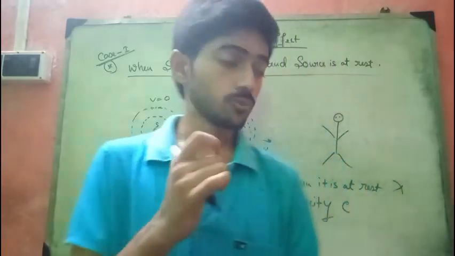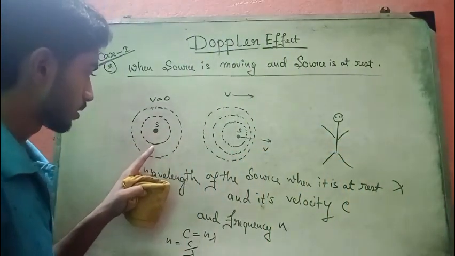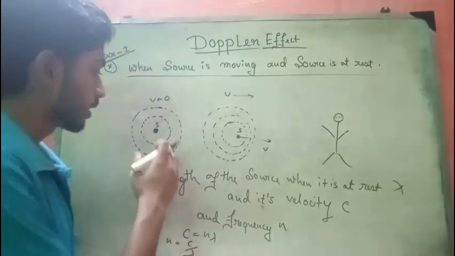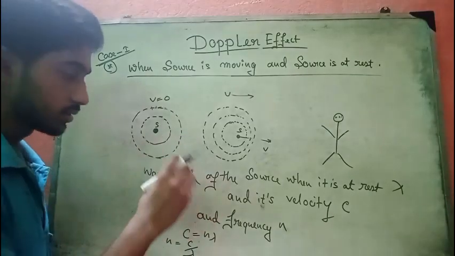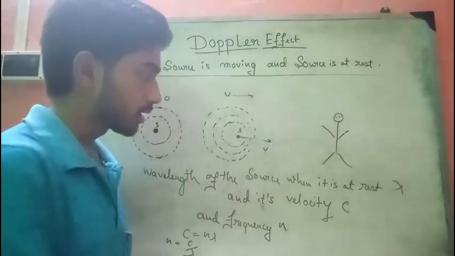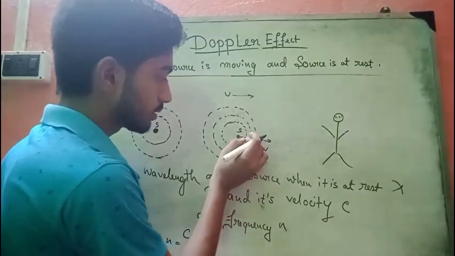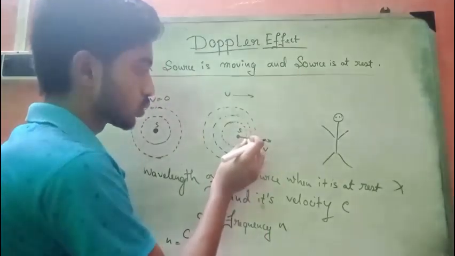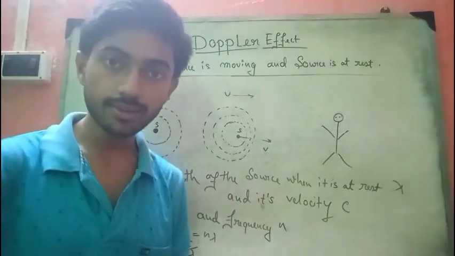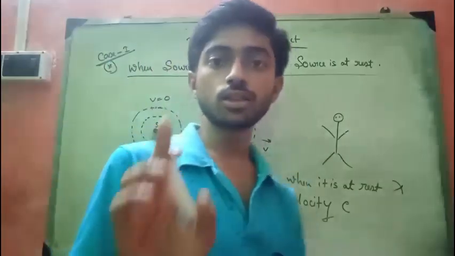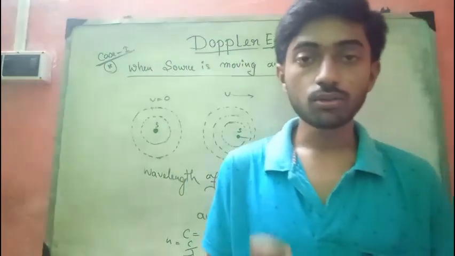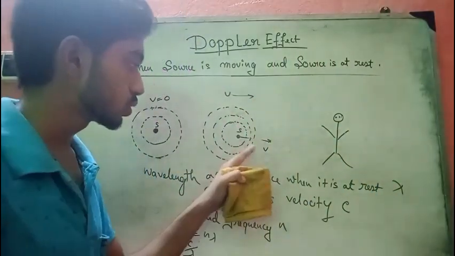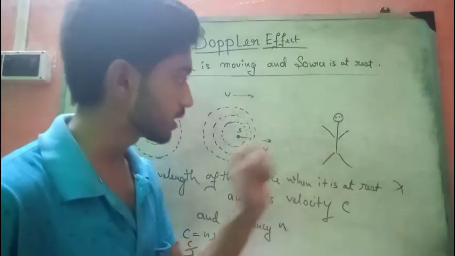Because at some particular time t a new wavefront is produced, but here the time between two wavefronts decreases. That's why the wavelength of the source with respect to the observer is changed.